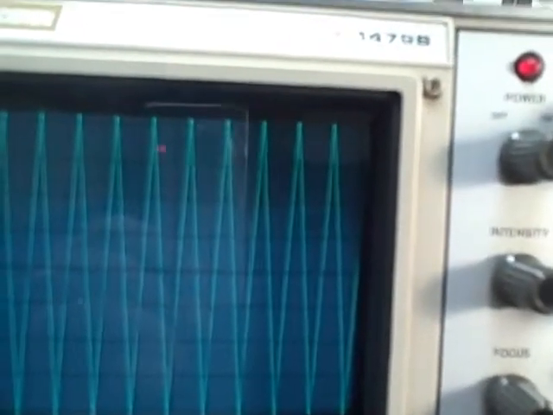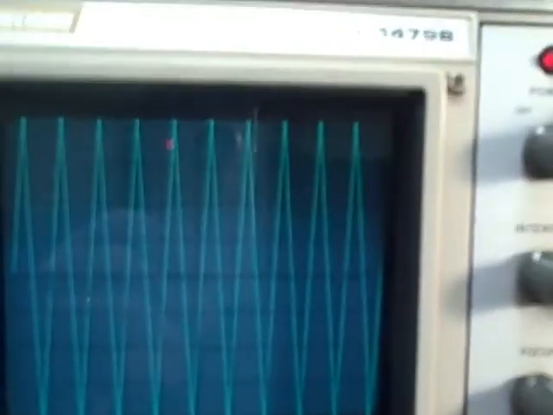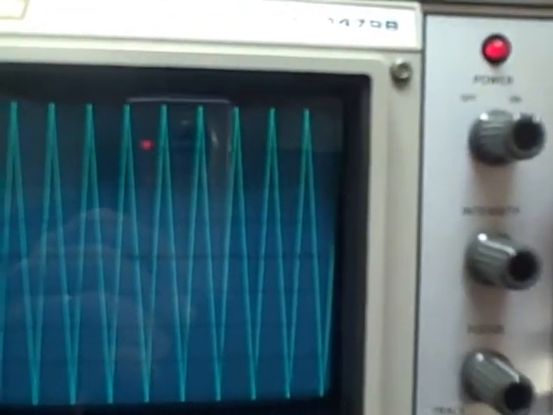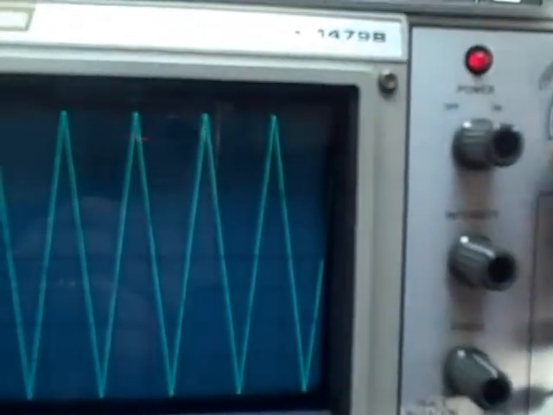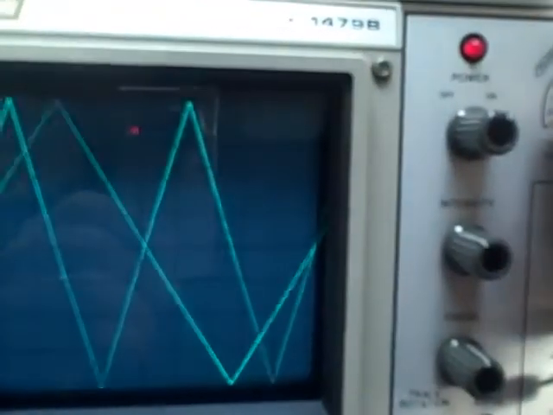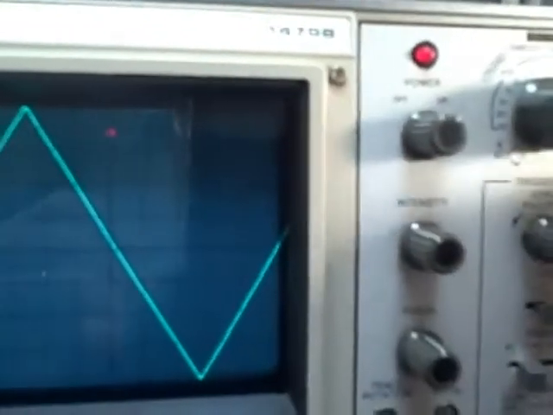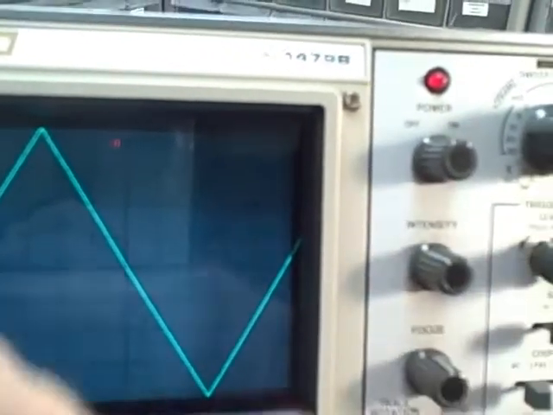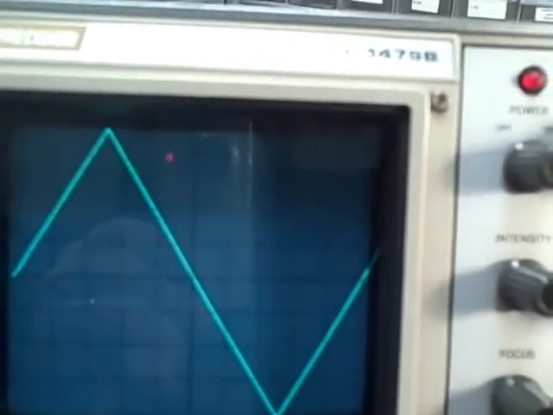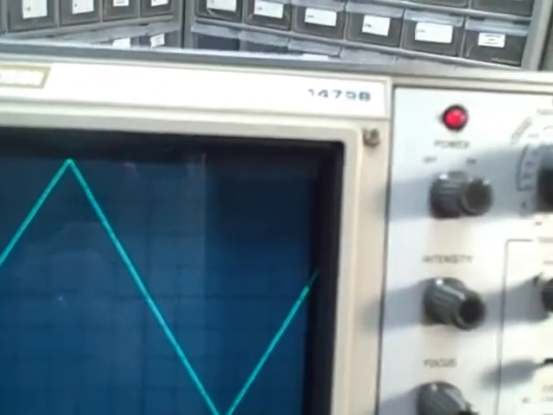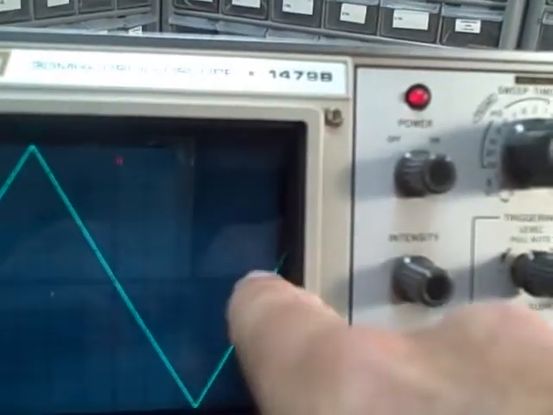Times 10 would be 100 microseconds, so we're at 100 kilohertz, should be right. If I go to 5 microseconds per division, I get the 5 peaks again. 2, I get 2 peaks again. 1, I get 1 full cycle in 10 divisions. So that's 100 kilohertz. Now I kick myself up another decade.